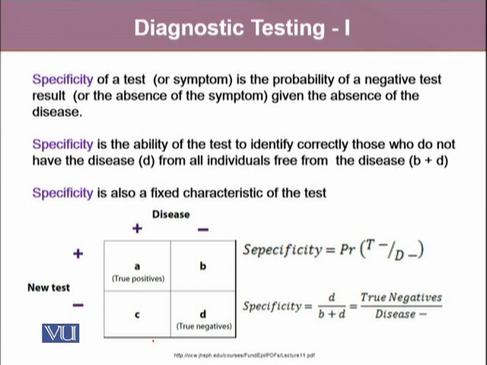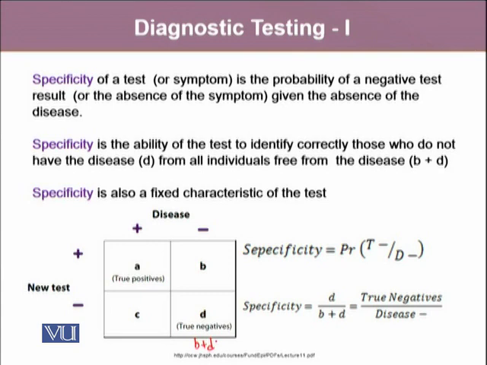Specificity is also a fixed characteristic of a test, like sensitivity. Specificity is simply obtained by dividing the true negatives by all those who do not have the disease in reality.